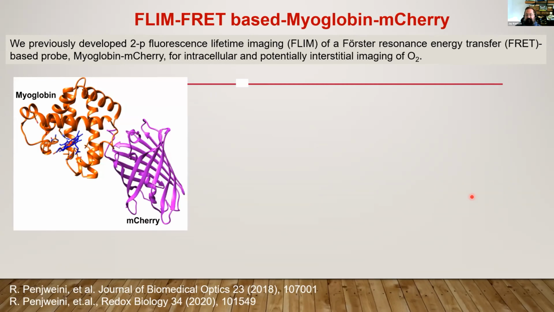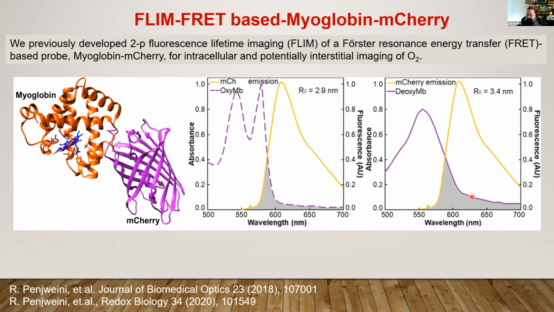So we connected myoglobin to mCherry, with the idea that the absorbance of myoglobin is different in the oxygen-bound and oxygen-free state. In particular, oxymyoglobin doesn't have a very good overlap.